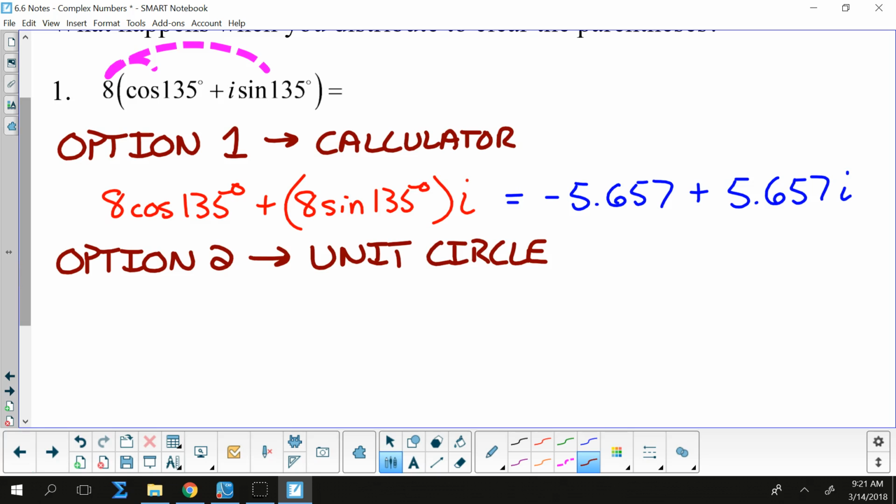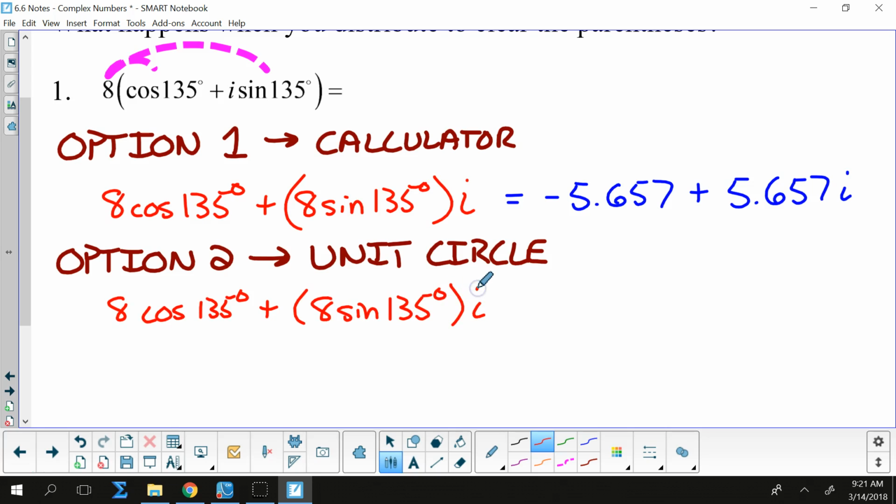So if I distribute this before, then this becomes 8 times the cosine of 135 degrees plus 8 times the sine of 135 degrees times i. Well, the cosine of 135 degrees is negative square root of 2 over 2.